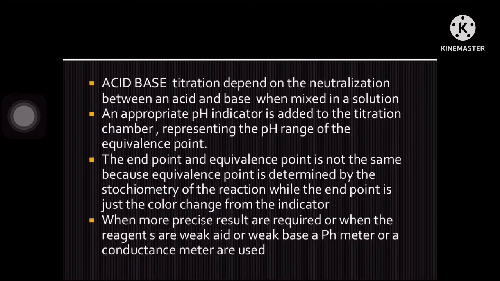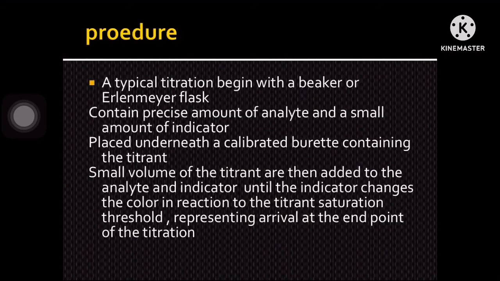Moving to the procedure, a typical titration begins with a beaker or Erlenmeyer flask. It contains a precise amount of analyte and a small amount of indicator, and is placed underneath a calibrated burette containing the titrant. Small volumes of the titrant are then added to the analyte and indicator until the indicator changes its color in the reaction, which gives a saturation threshold representing arrival at the end point of the titration.